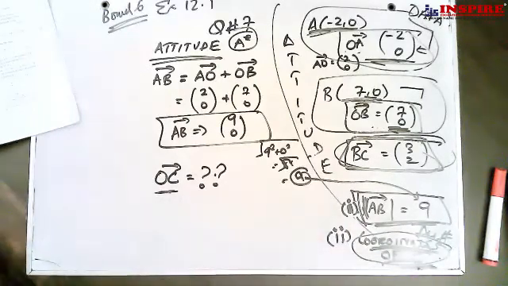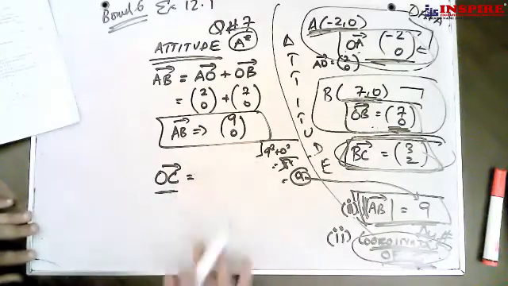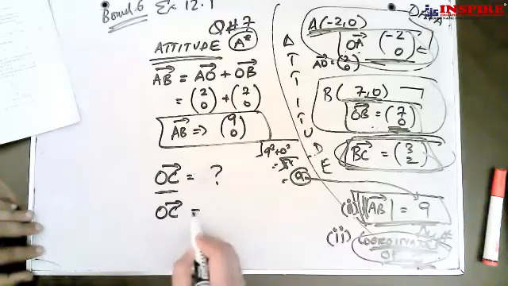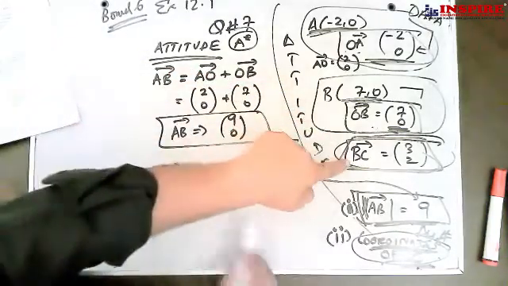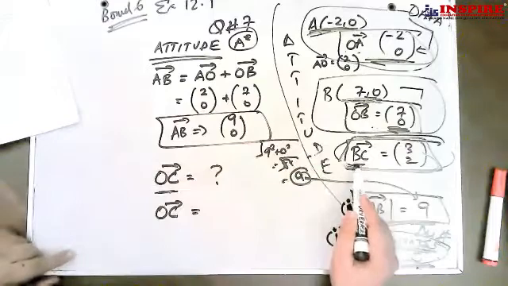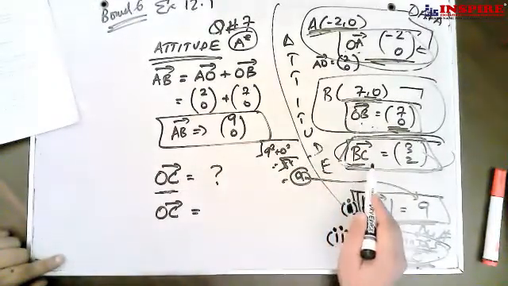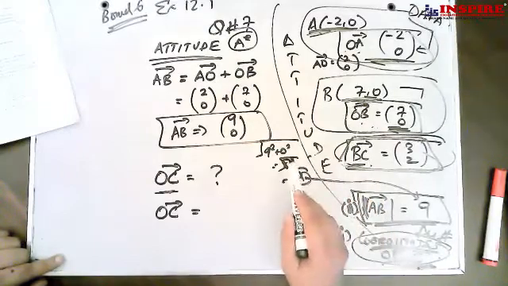OC. Now this is interesting. I look for OC. And OC is, oh, there's C. Can I go from O to B and B to C? I repeat myself.